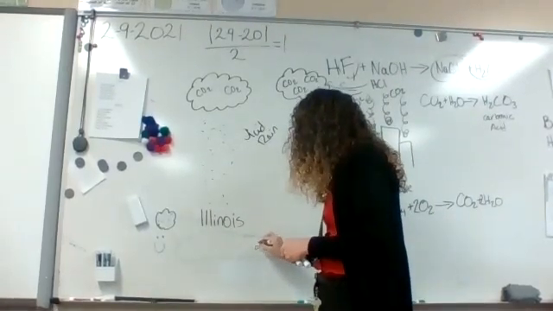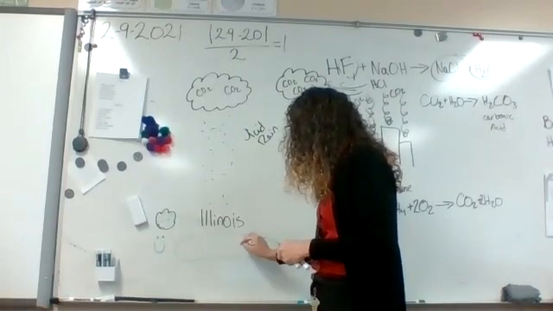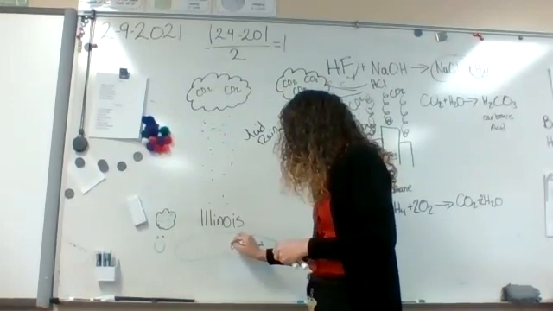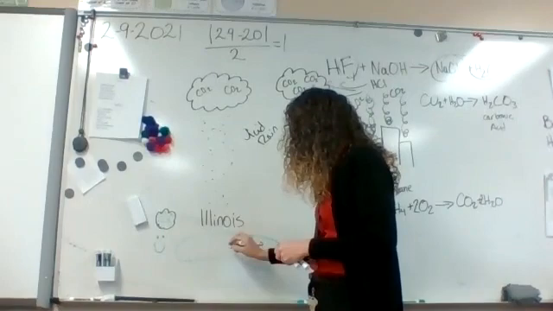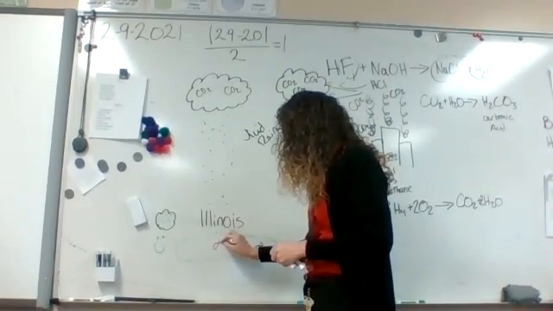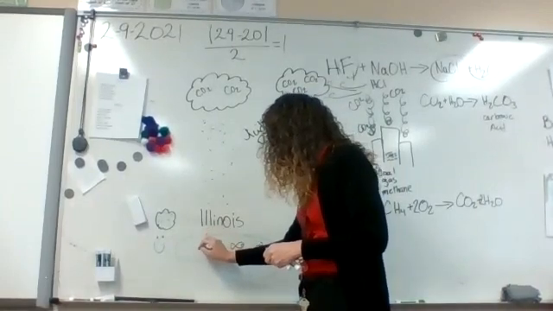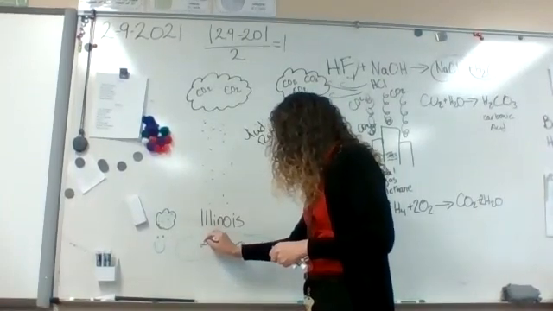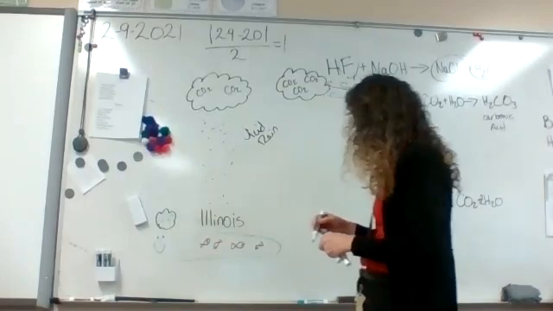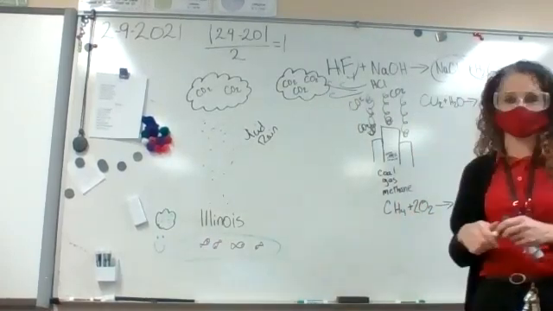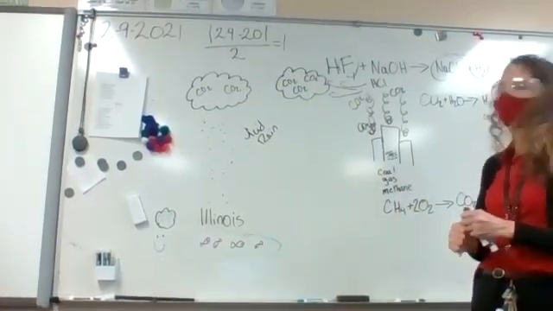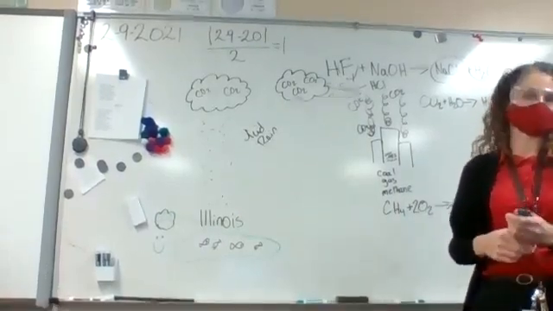If we get too much acid in the water, the fish start dying because it's too acidic for them. They're all dead. What about the sharks? There are no sharks in Illinois.